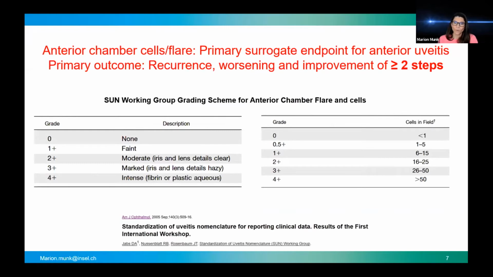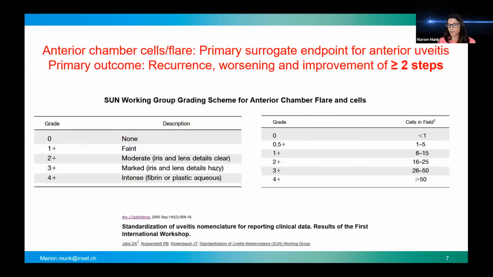And when we look at these parameters we use, we already see the problems we have in daily clinic, but also in clinical trials, because we really only have 5 or 6 categorical variables. It's really hard to assess whether a patient improved under the treatment, whether he worsened, whether he needs additional treatment.